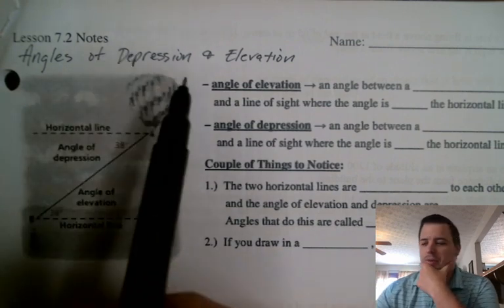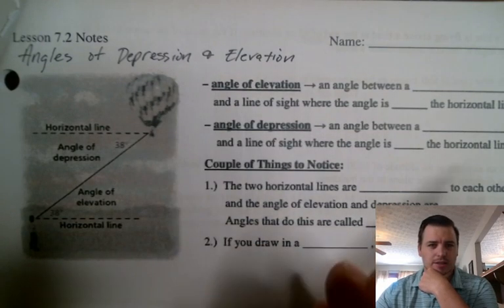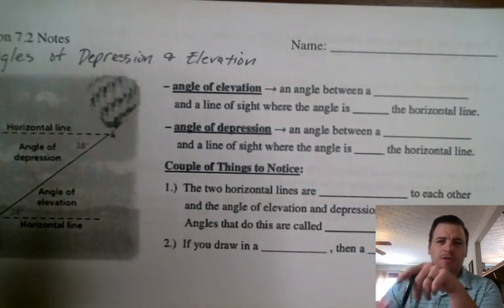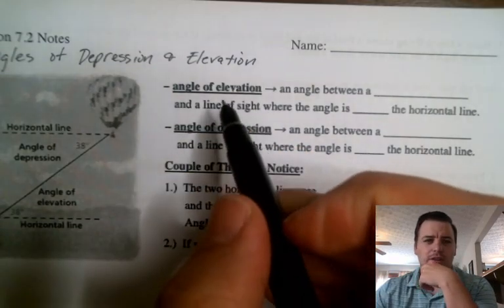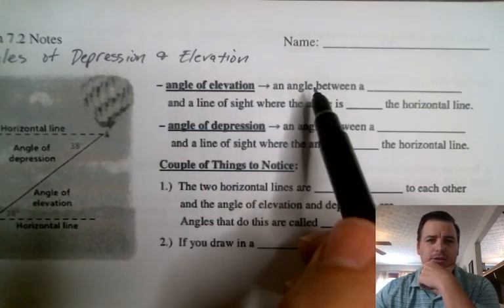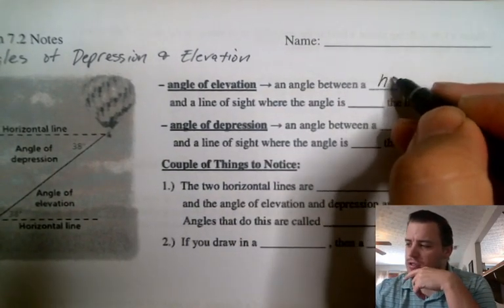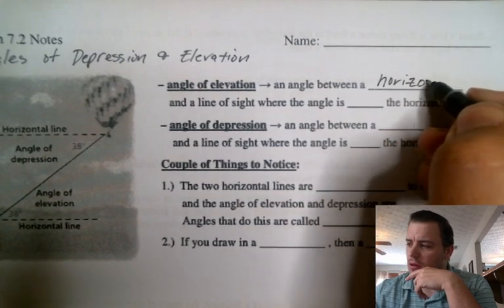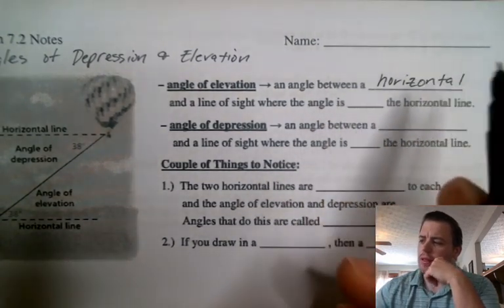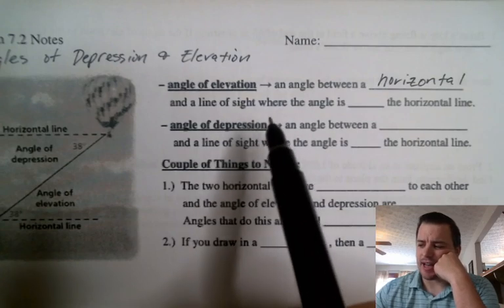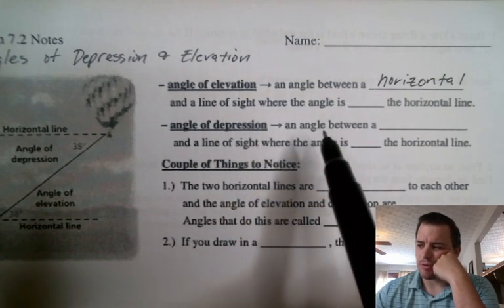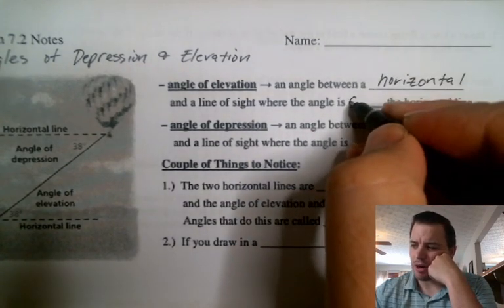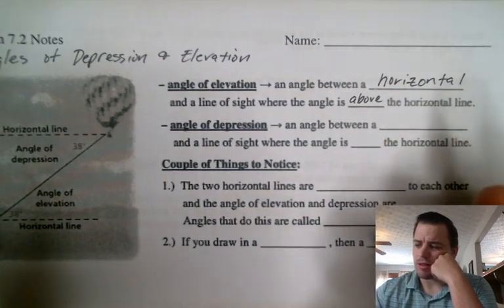So angles of depression and elevation. All right. This is what we're discussing today. So the angle of elevation is an angle between a horizontal and a line of sight where the angle is above the horizontal line.